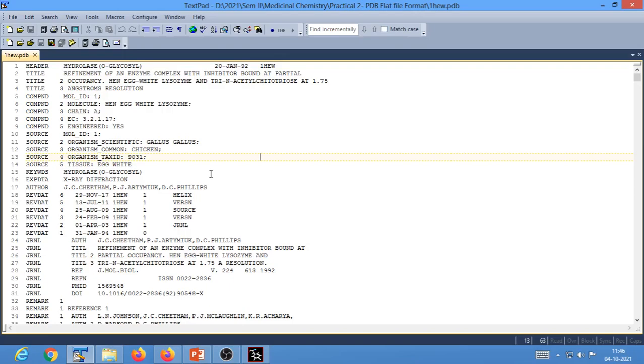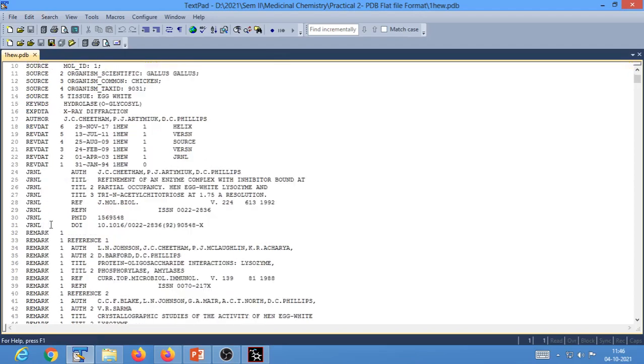Usually, annotation sections are present at the very beginning of your PDB file. Say, for example, your annotation section begins with the first line and has a lot of lines which begin with different keywords. We will come to these different keywords in a while.